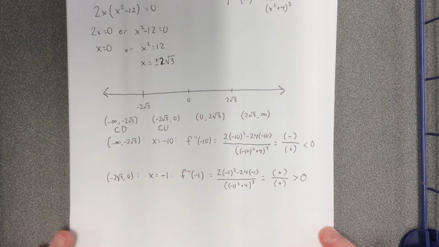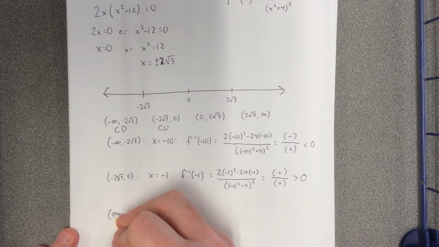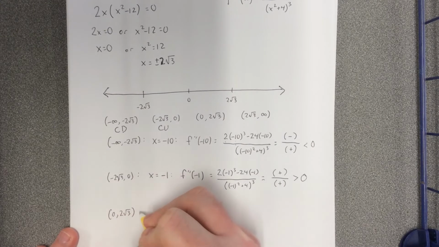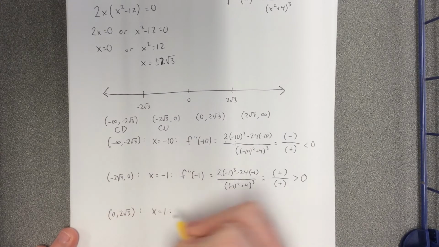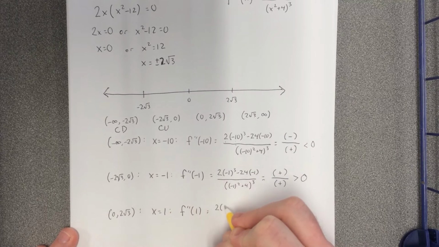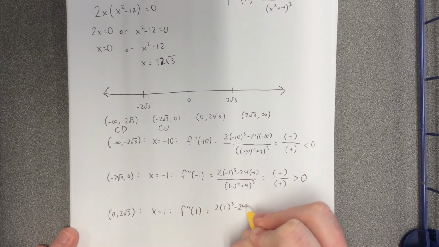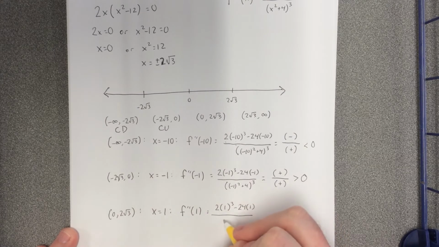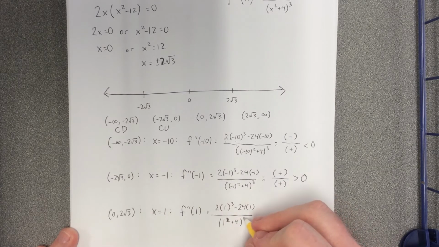Good. For 0 to 2 square roots of 3, this will look very similar to the last one. We'll use x equals positive 1. Really, the only thing that's going to change for this function is we'll get rid of some negatives. This will be 2 times 1 cubed minus 24 times positive 1, all over 1 squared plus 4, quantity cubed.